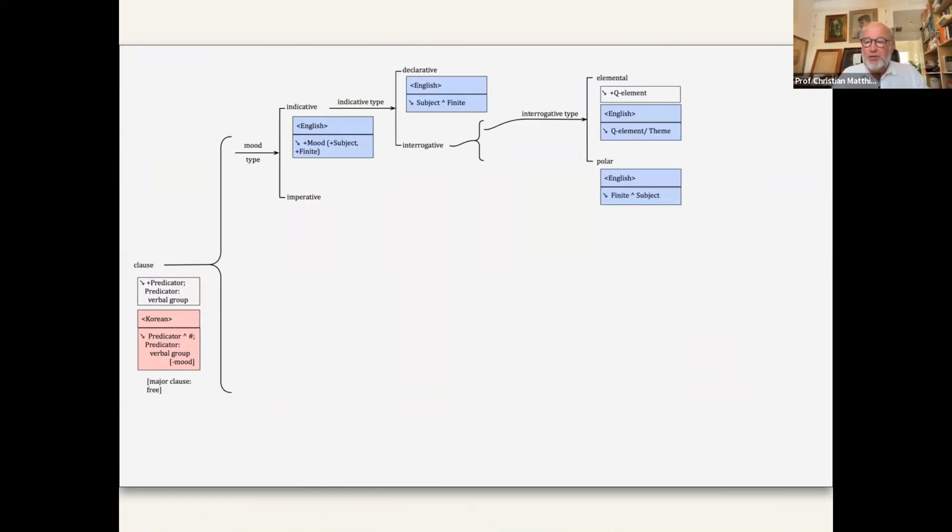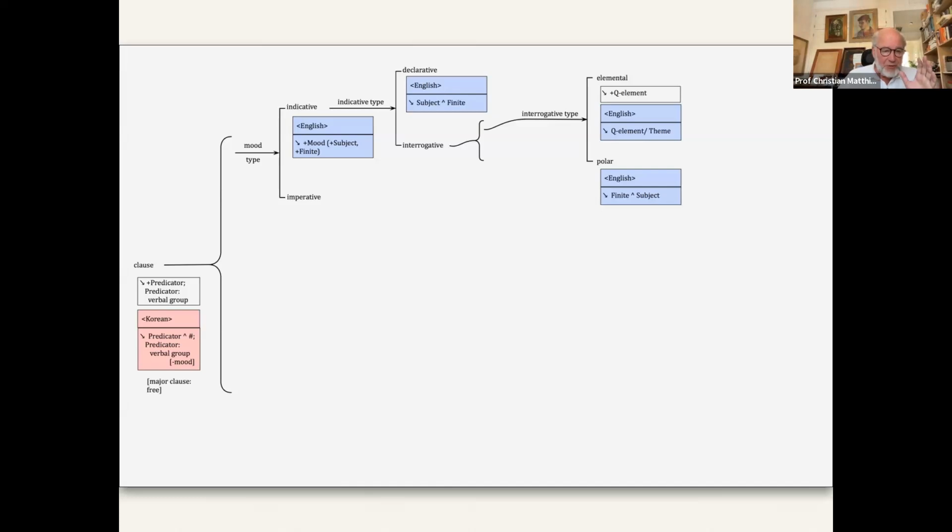And you note this has to do with the realizations, like the ones we looked at before: elemental WH interrogative or yes-no polar interrogative, and you see the realizations are specific to English, as I already hinted at with the example from Spanish.